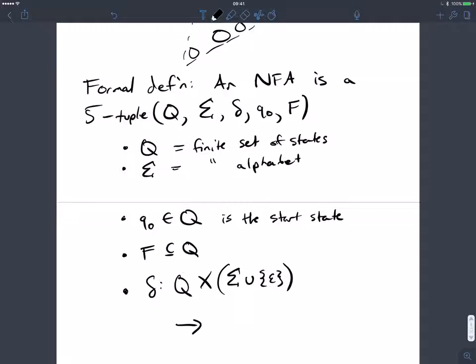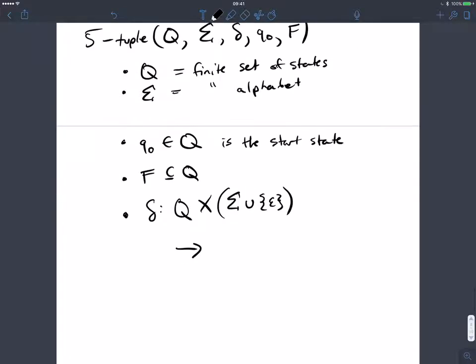Possibly. Yeah, any subset. Oh, what is any subset of Q? Or the set of all subsets of Q? Power set of Q. Isn't this stuff so cool? Power set of Q. Okay?